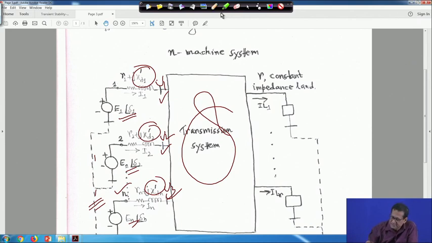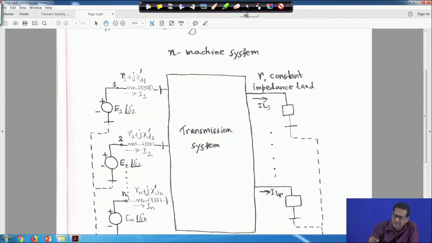On this side you have a load, you have constant impedance loads, you have r number of buses. The current here is IL1, the next one will be IL2, ultimately it will come to ILr. This is my transmission network and these are all the generators, n number of generators, and there you have r number of load buses.